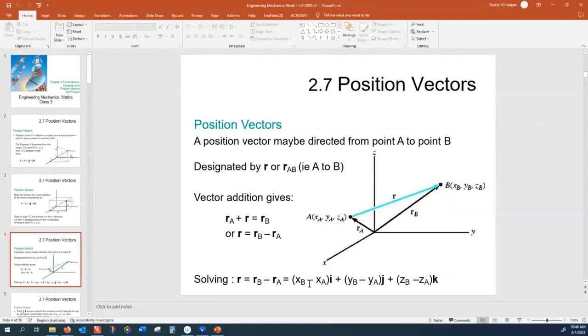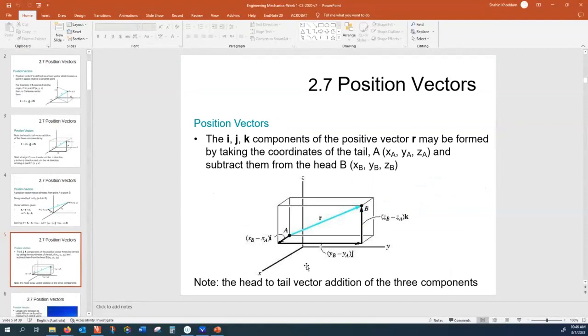So that is B minus A, and this is not the easiest way of doing that. I give you another way: you just choose a path to go from A to B. It's not a unique way. Let me demonstrate this to you.